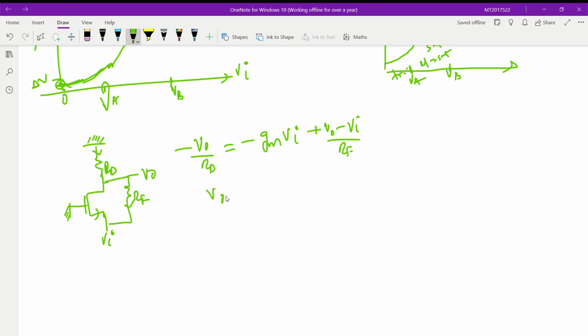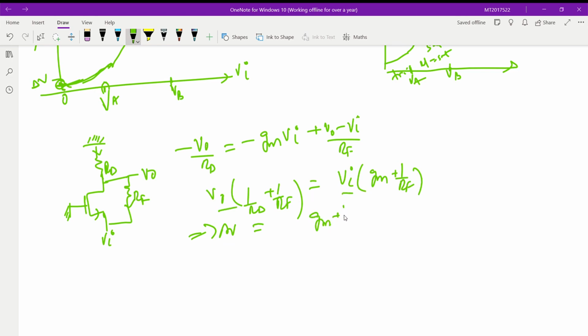So this is (1 by RD plus 1 by RF) Vout equal to Vi (gm plus 1 by RF). You can already see the result here. So Av equal to this by this, right? So Av equal to gm plus 1 by RF by this term, and 1 by RD plus 1 by RF is nothing but RD parallel RF.